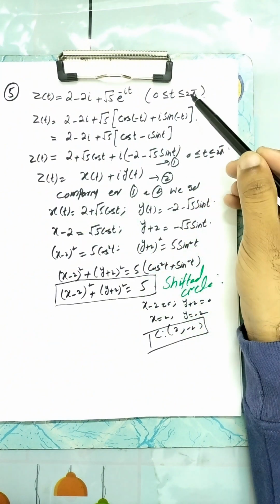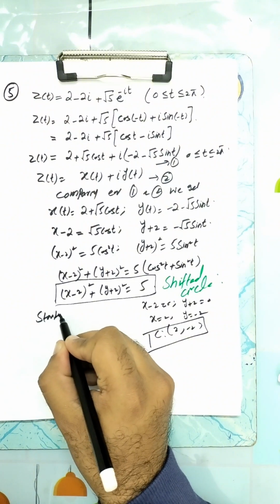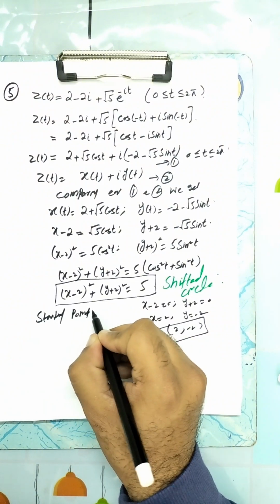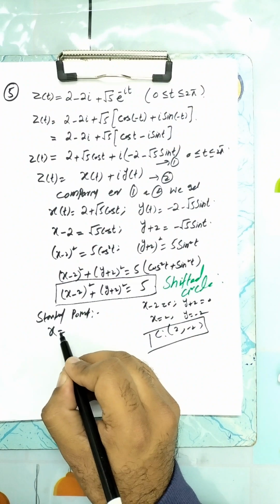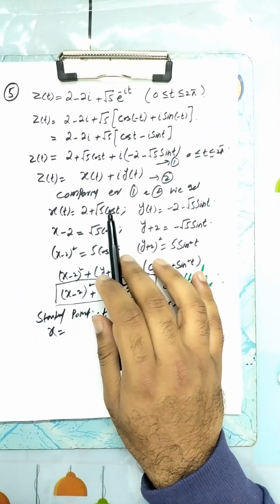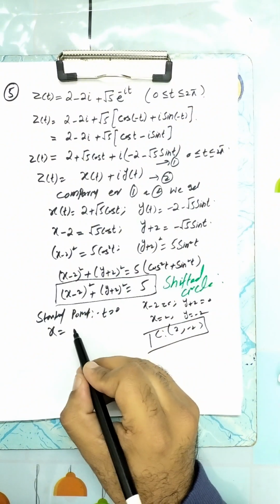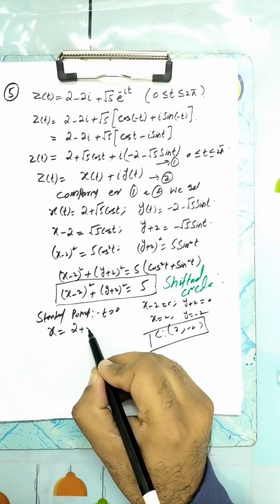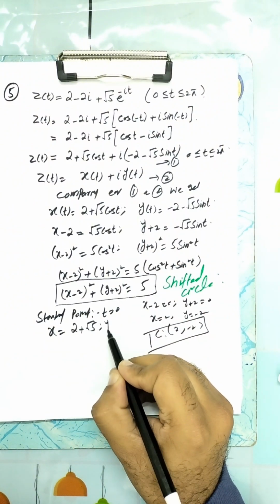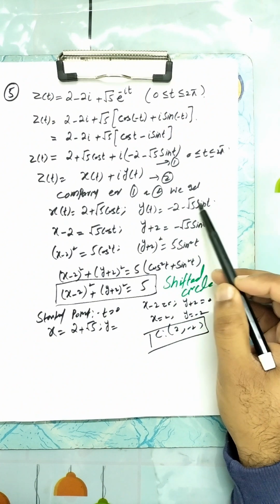Check the starting point: at t is equal to 0, x becomes 2 plus root 5, and y is equal to minus 2.